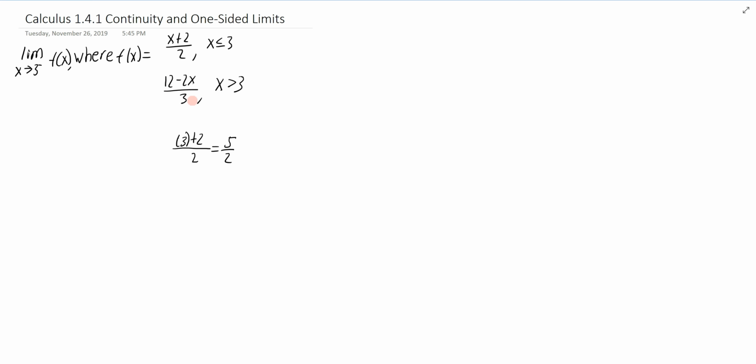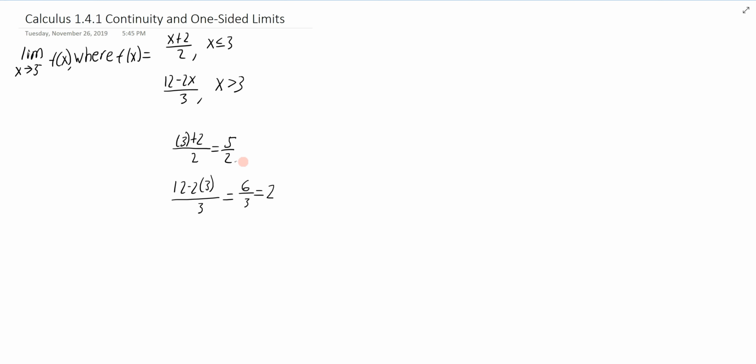If we put 12 minus 2, direct substitution for the x with 3, over 3, guess what we get? 12 minus 6, which is 6 over 3. We end up with a value of 2. 5 halves and 2 are clearly different. So that means this isn't continuous, and we're going to have to find a different way to solve this. Thankfully, that exists.